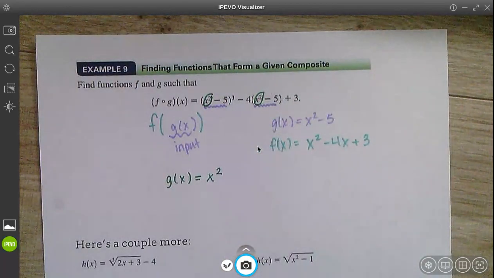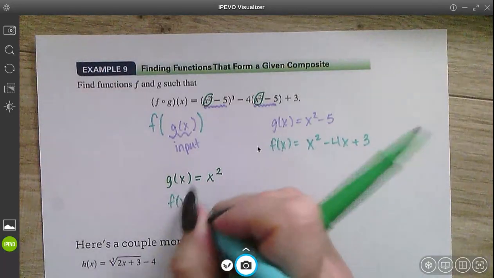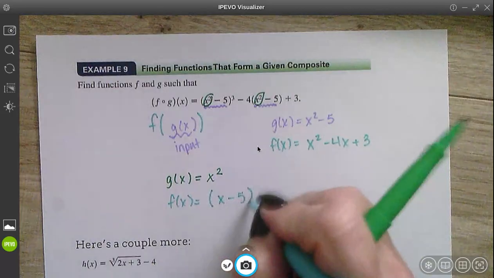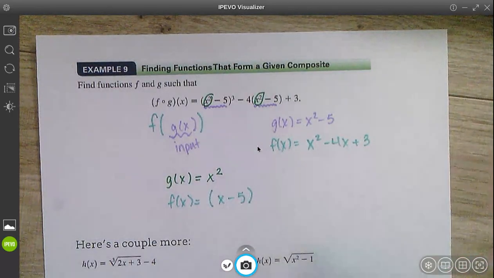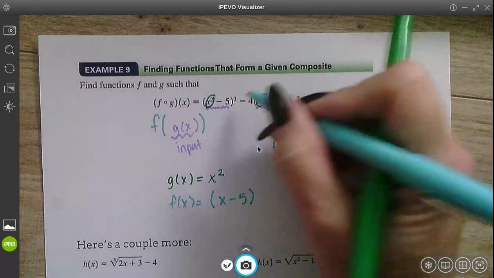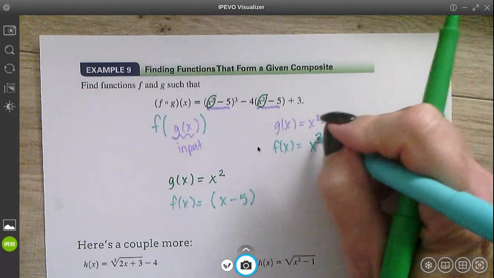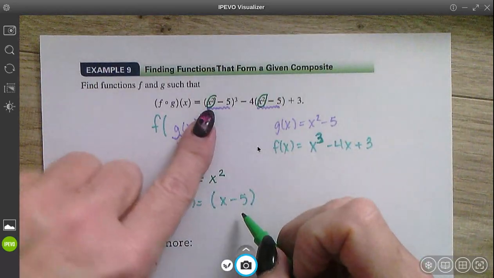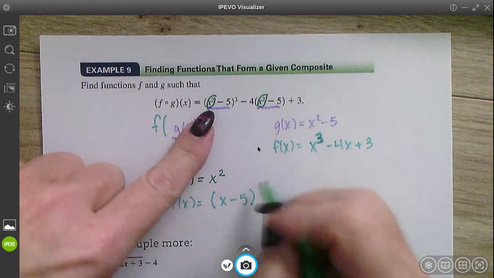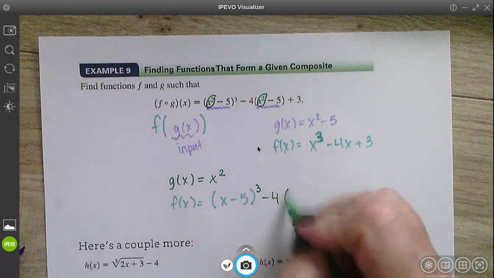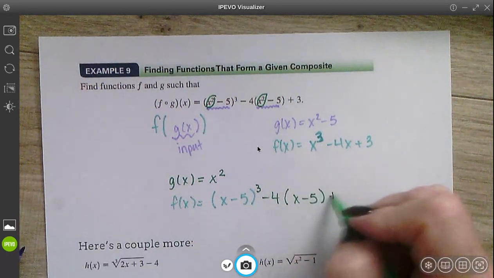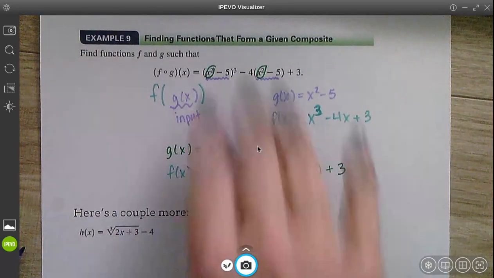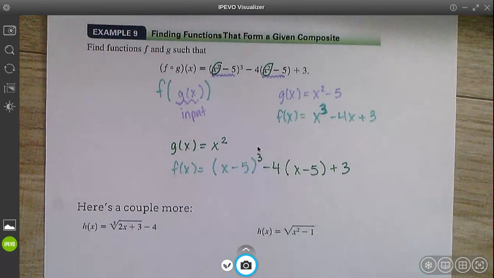So then f of x would be, replace that with an x, parenthesis, x minus 5. Oops, you guys, that was cubed. My bad. I can't read. That guy was cubed right there. So x minus 5, because I replaced the x squared with an x, cubed, minus 4, and then x minus 5 plus 3. And I switched my colors. But there are two different options that you can do for those replacements.